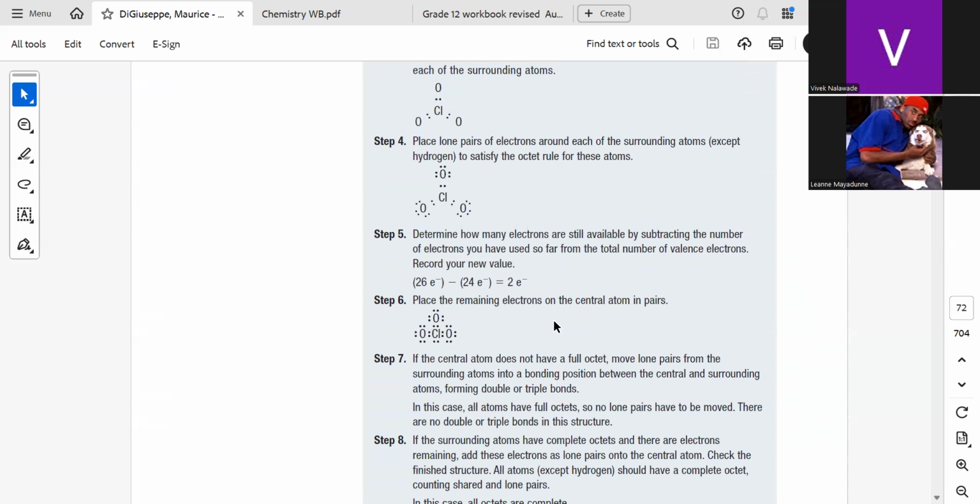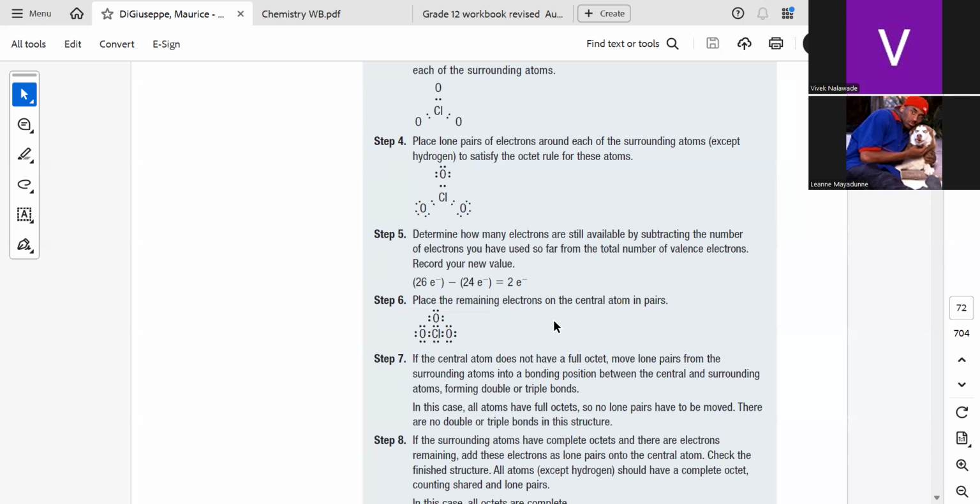And the same rules as we did earlier. So oxygen forms a double bond with chlorine.